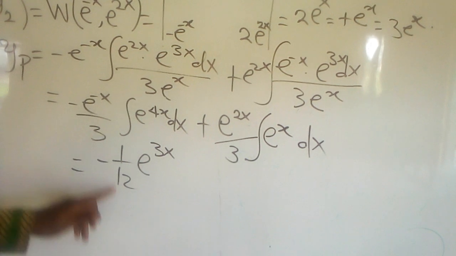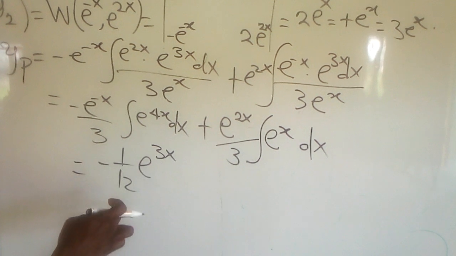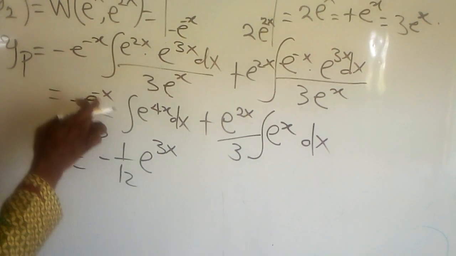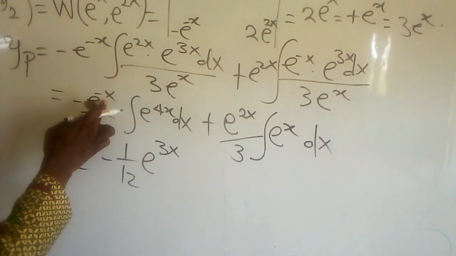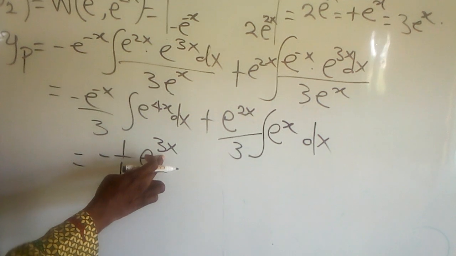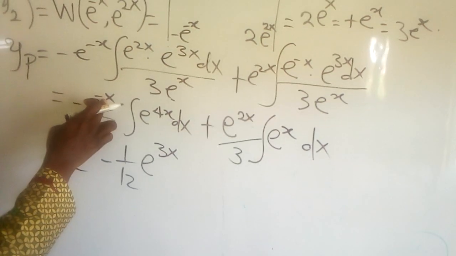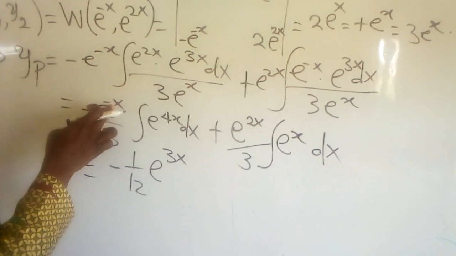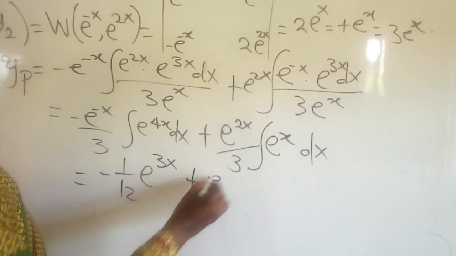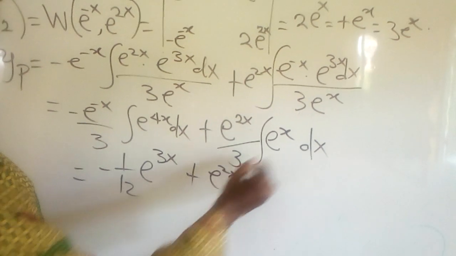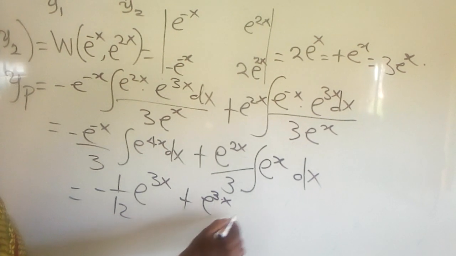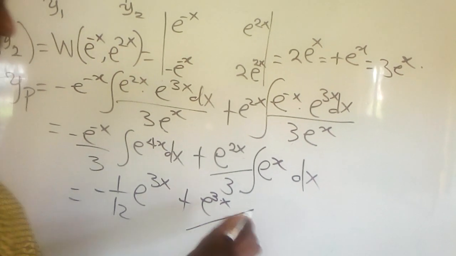So by the time this adds together, we are now going to have this expression, which is the application of this multiplication of exponential minus x with exponential 4x, which gives you exponential 3x. Because after the integration, you have to multiply with exponential 4x and exponential minus x, which add together to give you 3x. Then plus exponential 2x plus 1x, automatically you have 3x divided through by 3.